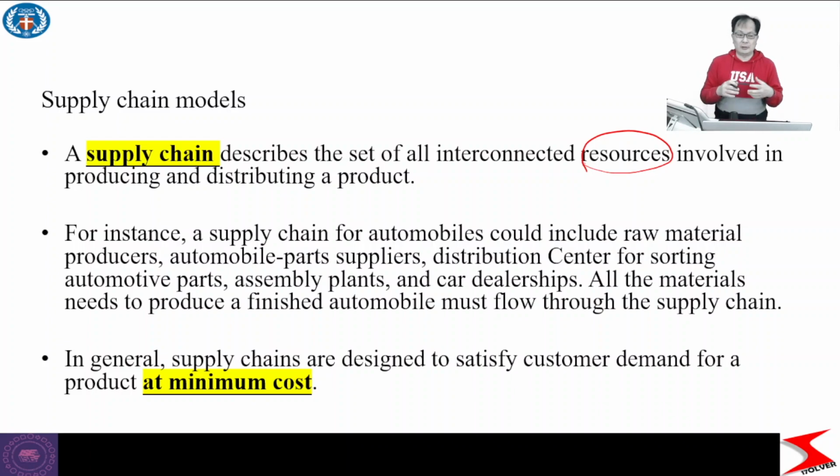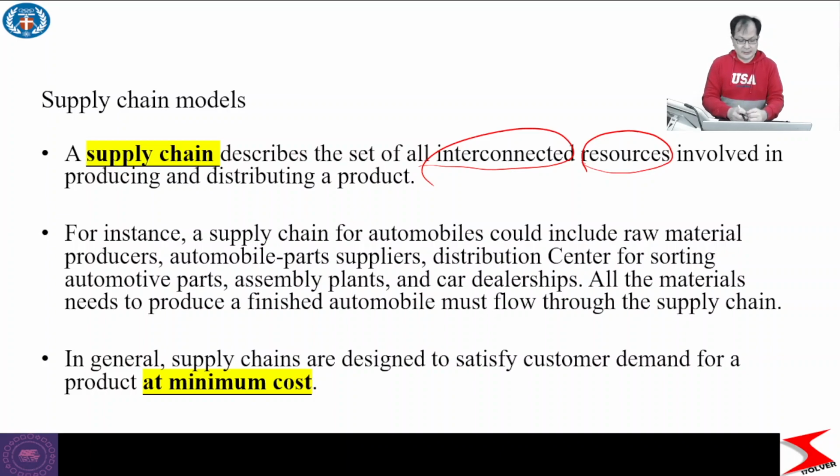And because all of the resources are interconnected with each other, there should be a route between different resources. So you can use the arc in the supply chain to describe the supply chain model. Okay, so basically a supply chain model is a kind of network.